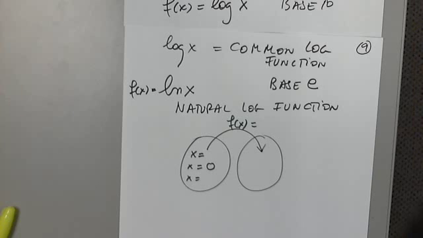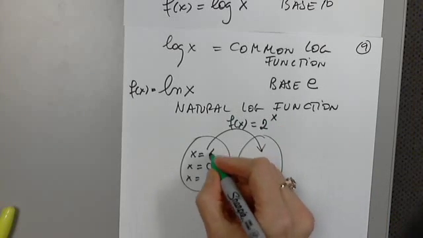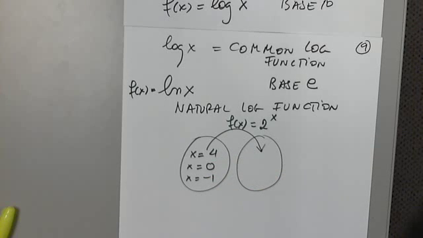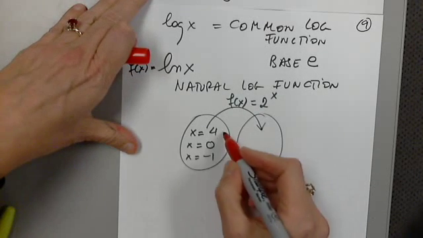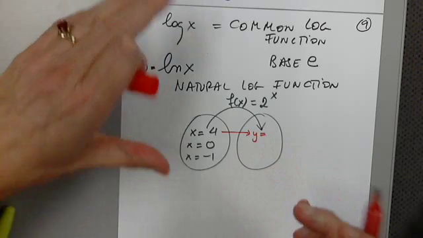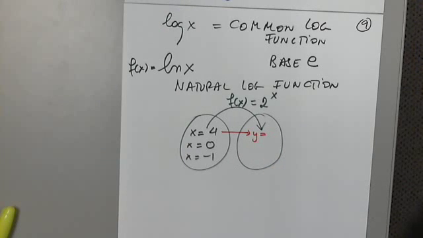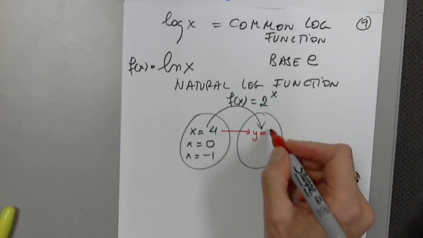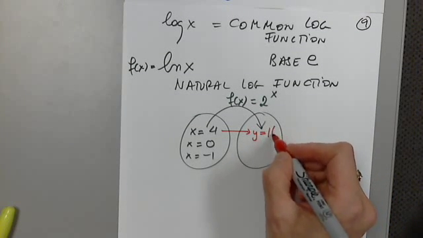2 to the x, 4, 0, and negative 1. Perfect. Is 2 to the x an exponential function? Okay, perfect. So now let's determine the corresponding y values. When x is 4, 2 to the 4th power is? 16. Perfect.